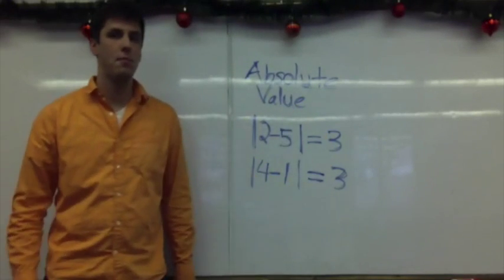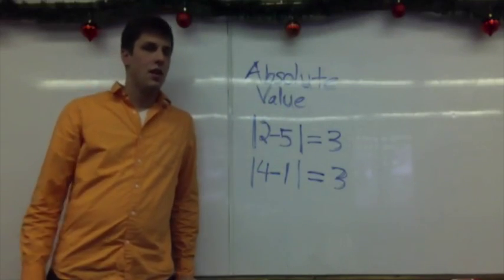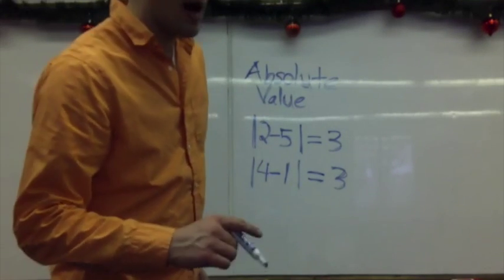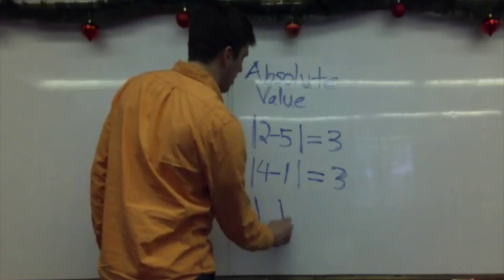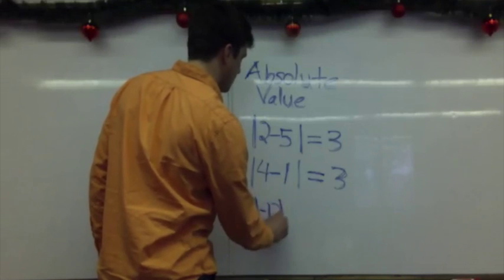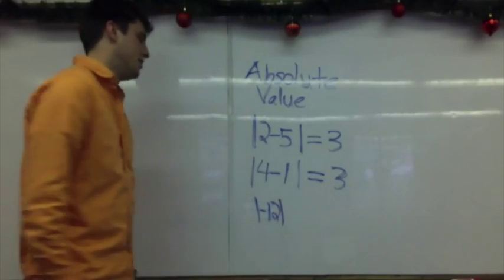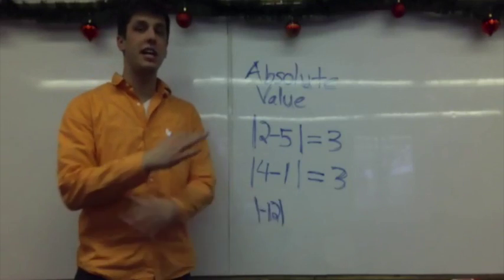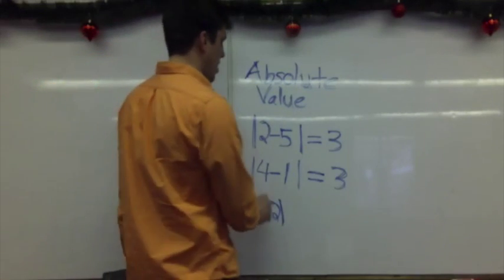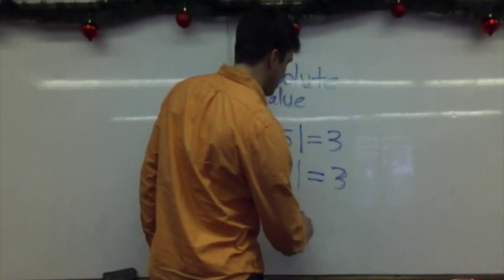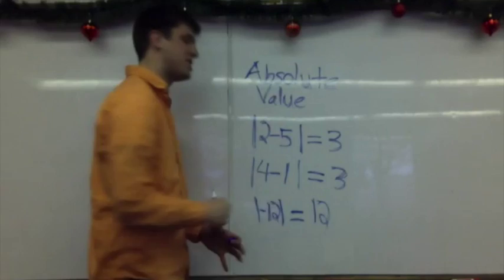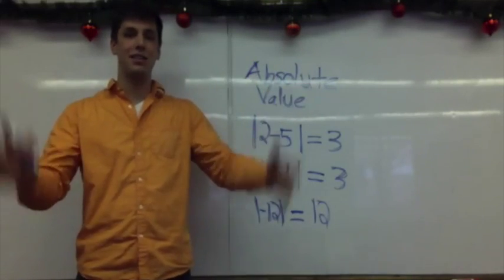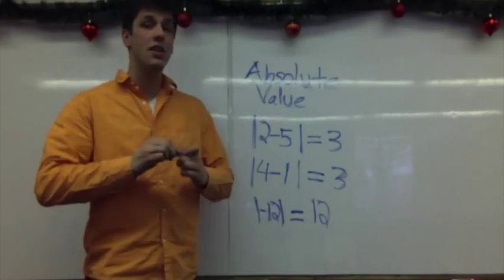So this problem is a positive 3. The last thing for absolute value is if you're just taking the absolute value of a number, say negative 12, then the absolute value signs just change whatever's inside to a positive. And so absolute value of negative 12 is 12. So these are magic lines that make anything inside of them a positive.